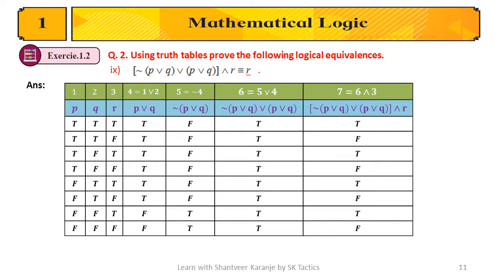There is a connective between the 6th and 3rd column. So the final answer is TF, TF, TF, TF, which is equivalent to R. So from column number 3 and 7, the logical equivalence is proved.